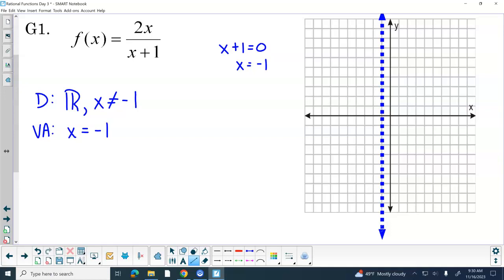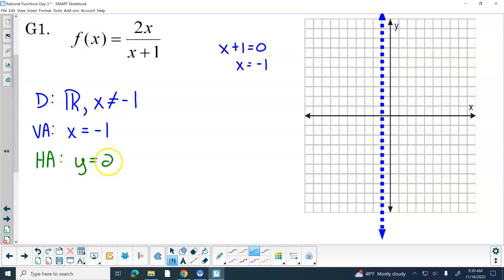Step number 2 says what? Find my horizontal asymptote. So what is my horizontal asymptote in this case? Y equals 2. Do we all agree with y equals 2? The degree on the top is 1, the degree on the bottom is 1. They're the same, so I look at my lead coefficients.